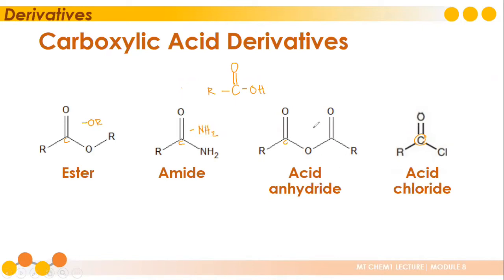The acid anhydride is an OOR. And then acid chloride is simply chloride attached to it. Okay, so this is what distinguishes them from the others. As you can see, there are different groups attached to our carbonyl carbon atom, and this is what differentiates them from each other. Hopefully you understand the differences between the different carboxylic acid derivatives.